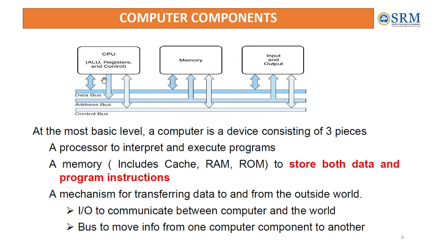The address bus carries addresses from the CPU to memory or I/O devices, and the data bus carries data from memory to CPU, CPU to memory, from input to CPU, and from CPU to output devices. So these are the basic computer components.